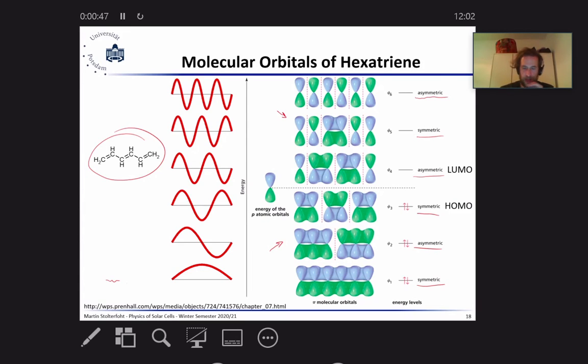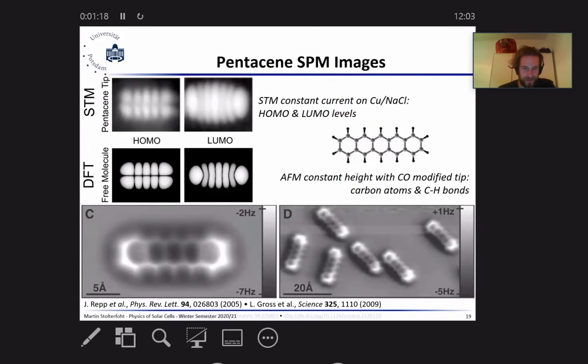Why this one has a higher energy than any of those at the bottom? Something to think about if no one knows that. All right.